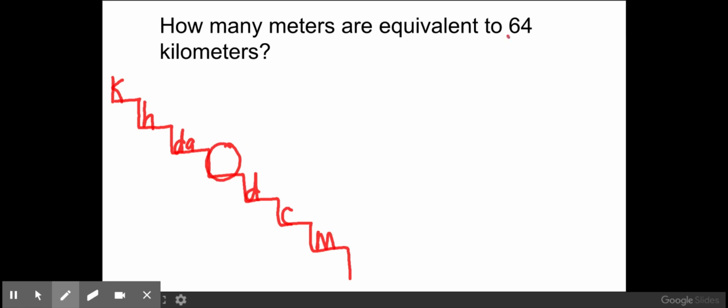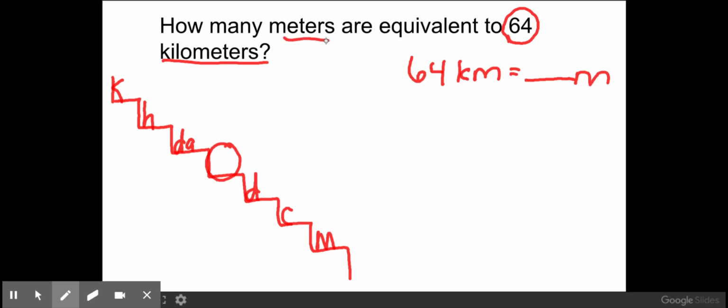So I know that I'm starting with 64 kilometers. And I'm trying to figure out how many meters that would be. So since I'm working with meters, I can go ahead and put that in here. That just means I'm working with length. And I'm going to put that M at the end of every step as well.